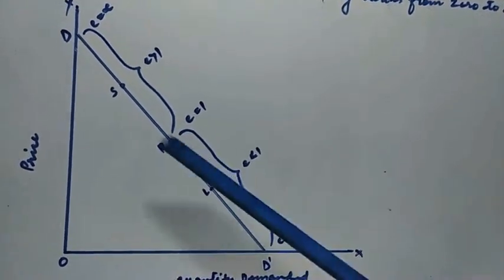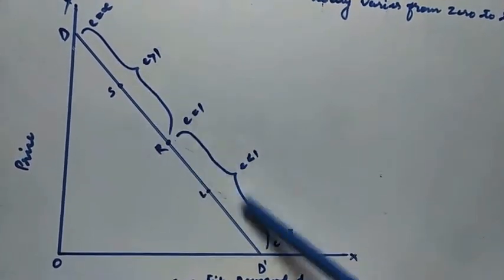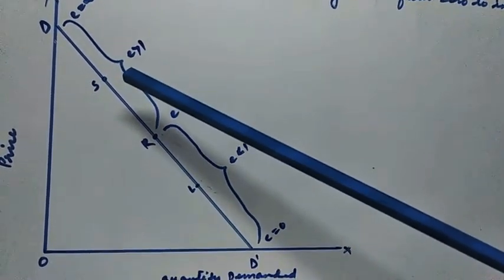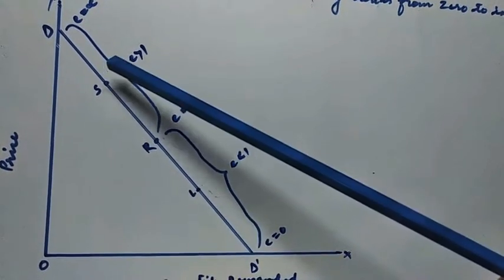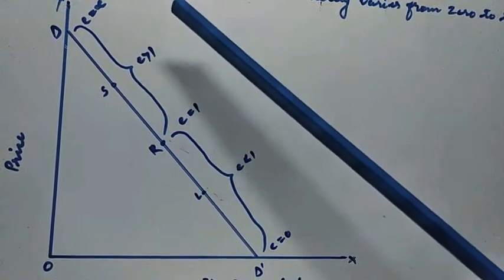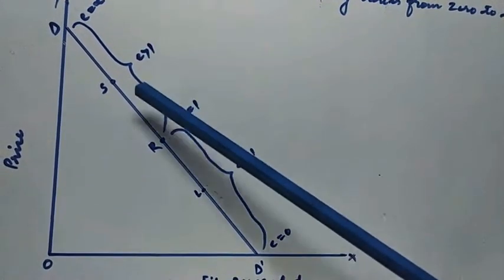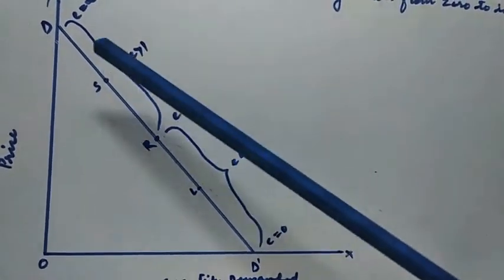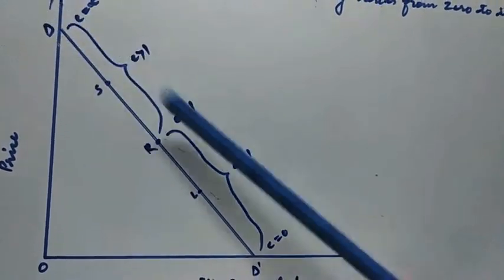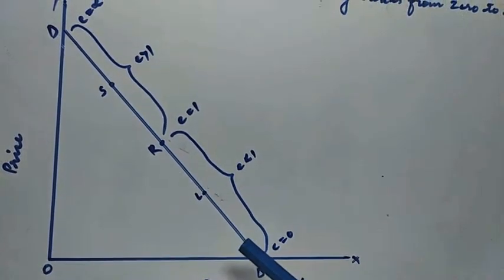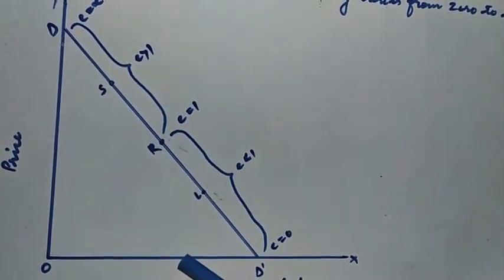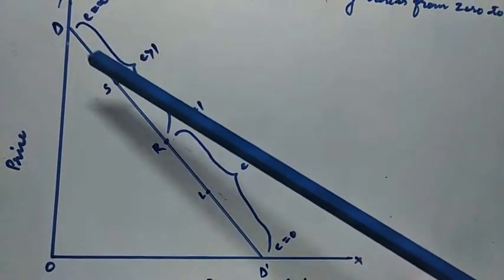So let's look at the second case. Let us take the point S. Suppose a point S lies above the middle point of the straight line demand curve DD dash. It is obvious that the distance SD dash is greater than distance SD, and price elasticity, which is equal to SD dash divided by SD, will be more than 1.